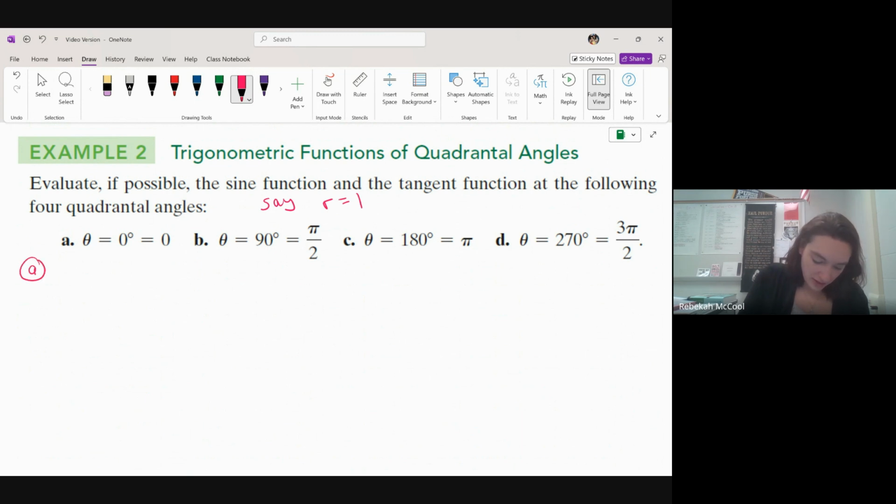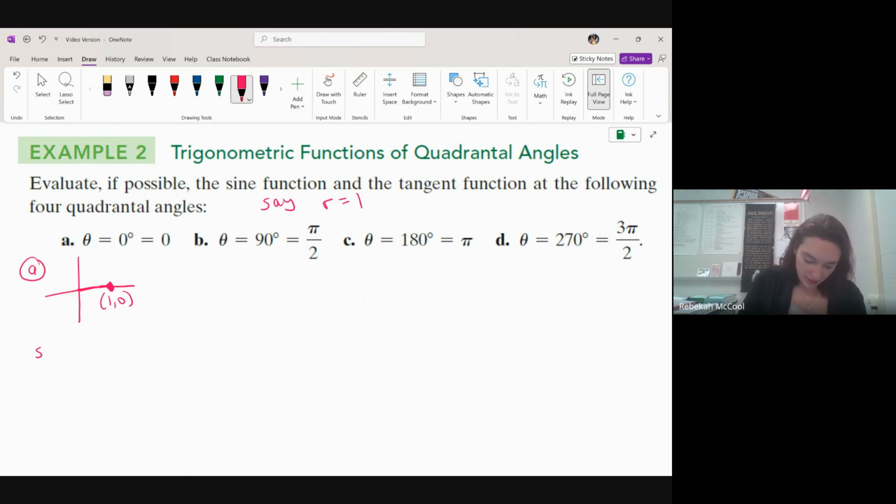Let's go ahead. I'm going to sketch a quick graph of my drawing, right? So to make things easy on myself, if my angle is 0 degrees and I want my r to be 1, I may as well put it there at 1, 0. Again, making life easy on myself.